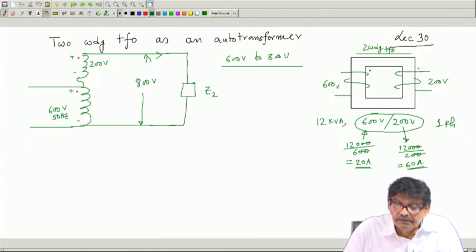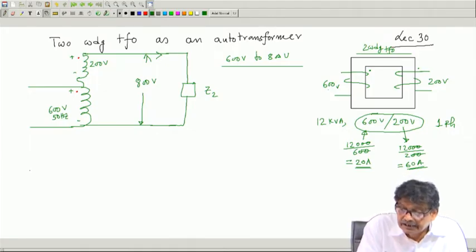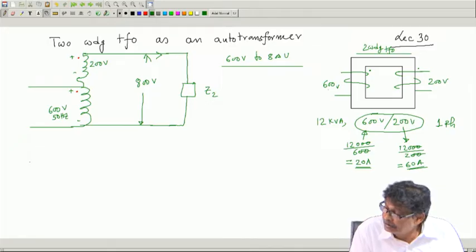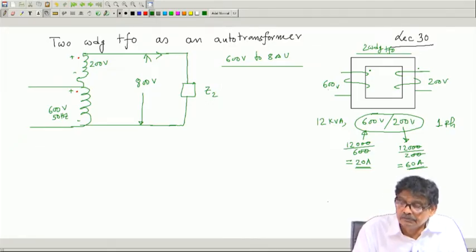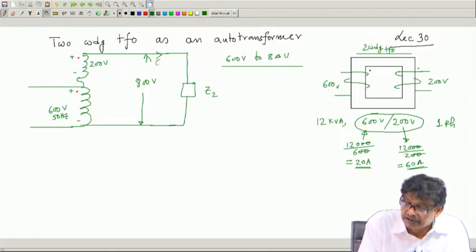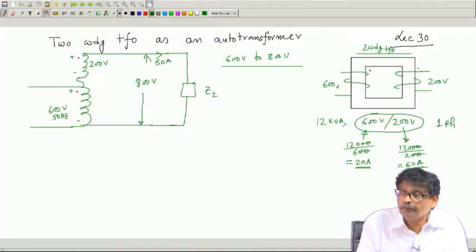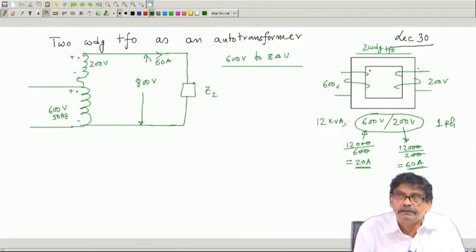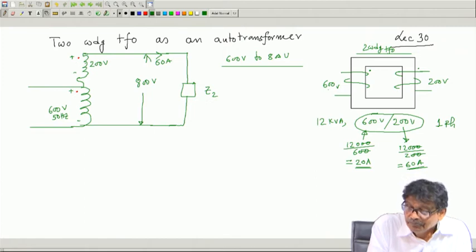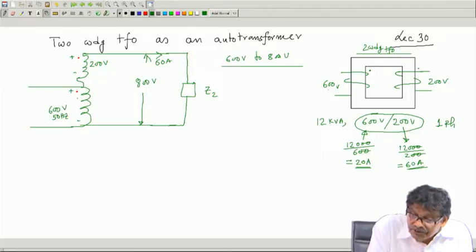How much? The rated current of 200 volt winding is 60 ampere. So, 60 ampere I can pass, no problem, through this winding, because from the dot if 60 ampere comes out, I know through the dot here 20 ampere must flow.